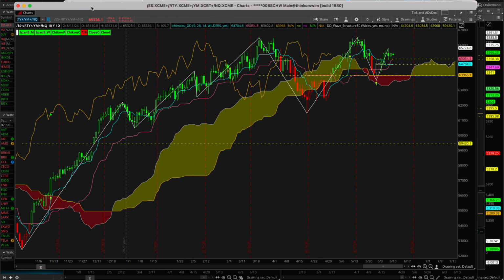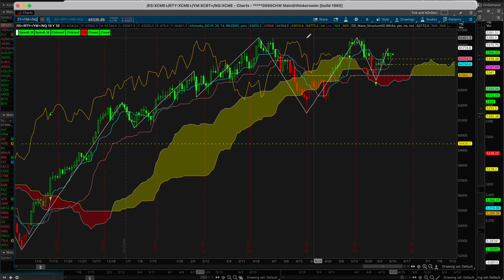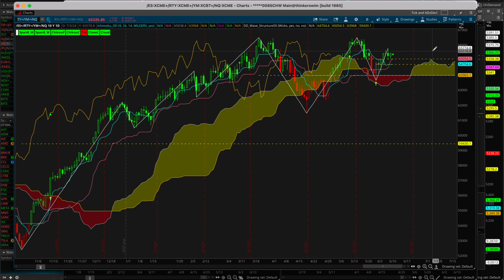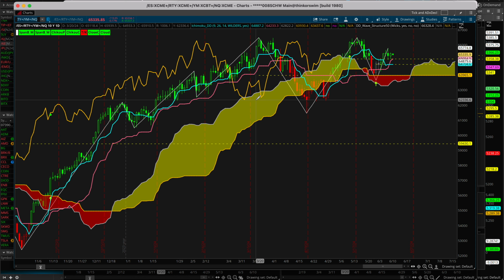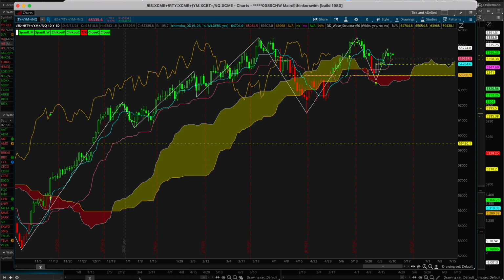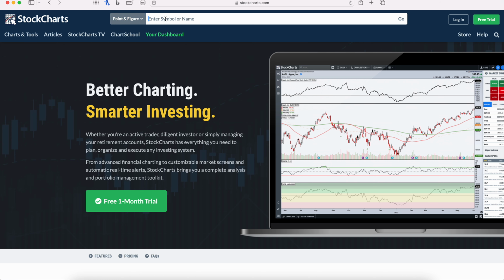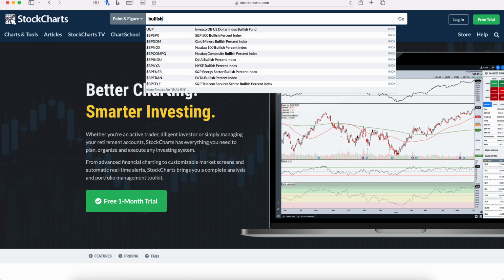So I think actually looking at the markets together like this is pretty beneficial with a lot of context going on. And then finally, let's go to stockcharts.com, look up point and figure charts, look at the bullish percent indices.